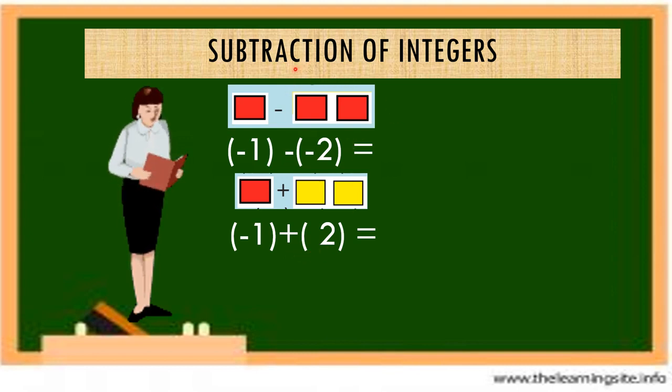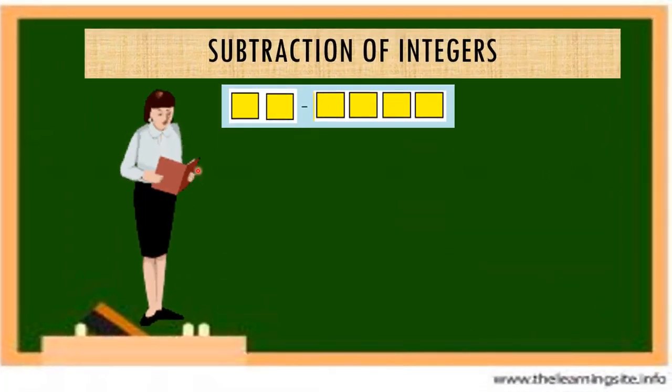This negative 2 will become positive 2 and the operation subtraction will become addition. And we proceed to the process of addition of integers. We have 1 plus negative 1, that is 0. Therefore, what is the result? The result is positive 1.